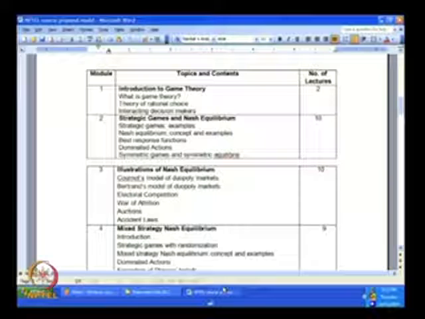Then we talk about the theory of rational choice, which basically forms the founding stone of the game theory. We talk about then about strategic games and Nash equilibrium, the idea of Nash equilibrium, because as you should see that Nash equilibrium, the concept of Nash equilibrium can be taken as the starting point of the theory of games.